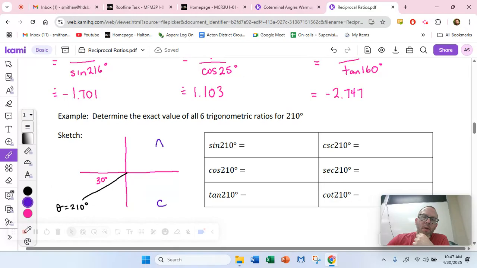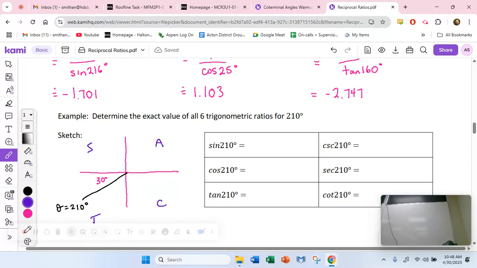into our diagram? So what this means, the sine, cos, and tan of 210 degrees will be exactly, at least the numbers anyway, the sine, cos, and tan of 30 degrees, which you guys know. Except the signs will depend on the CAST rule. Let's actually put the signs in there.